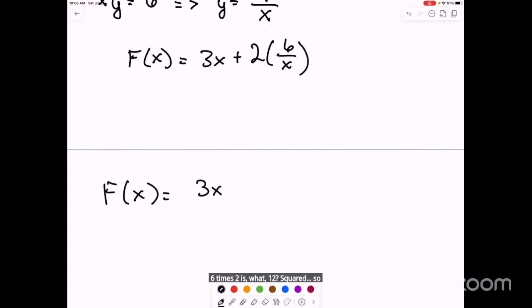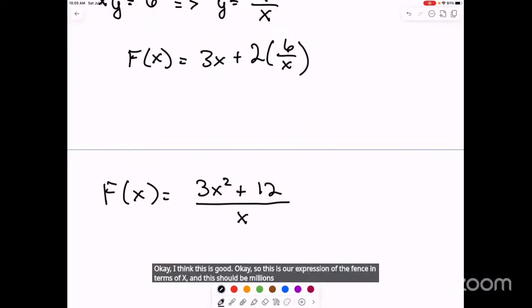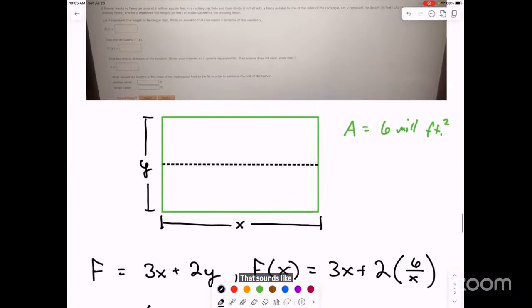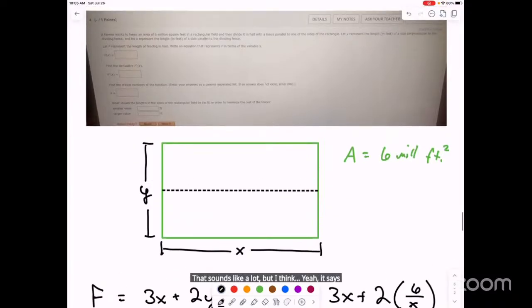So 3x squared plus 12 all over x. Okay, I think this is good. Okay, so this is our expression of the fence in terms of x, and this should be millions of feet, I think. That sounds like a lot, but yeah, it says million, so.